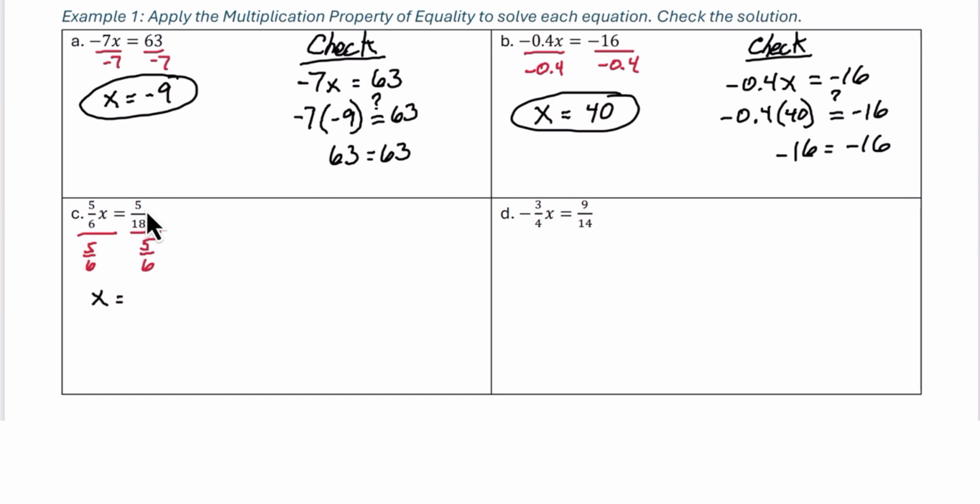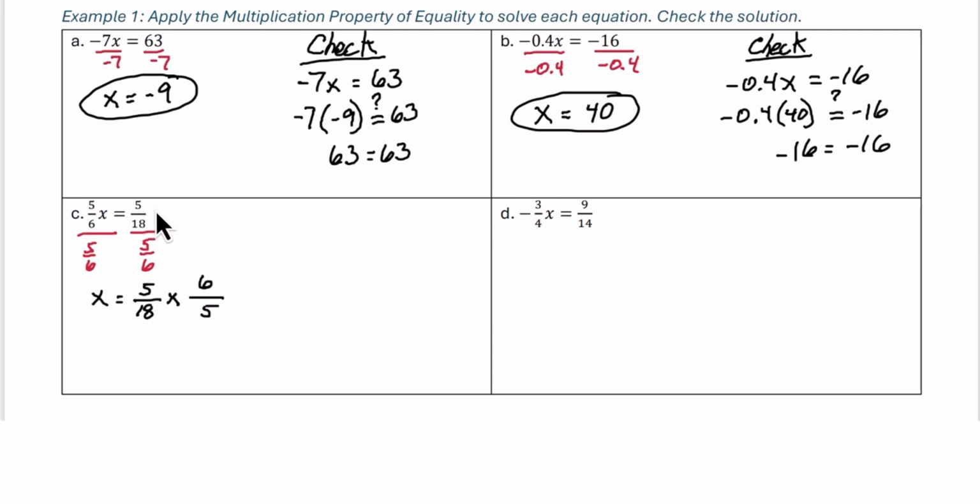Now we have a fraction divided by a fraction. Remember, the shortcut to simplify that is we keep the same first fraction, then we change division to multiplication, and we multiply by the reciprocal of the second fraction. We keep, change, flip.